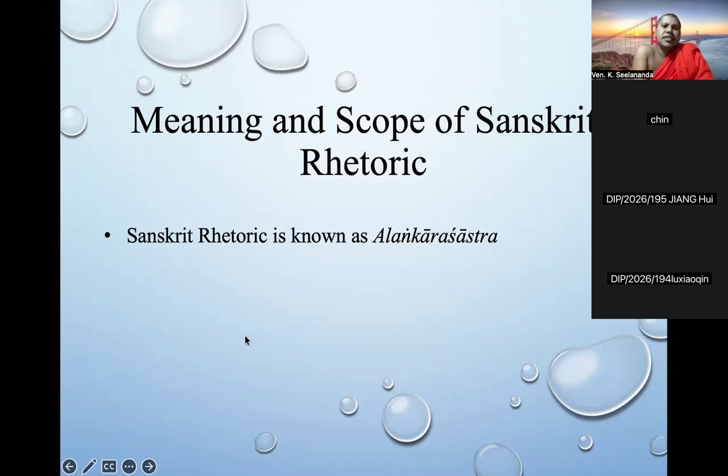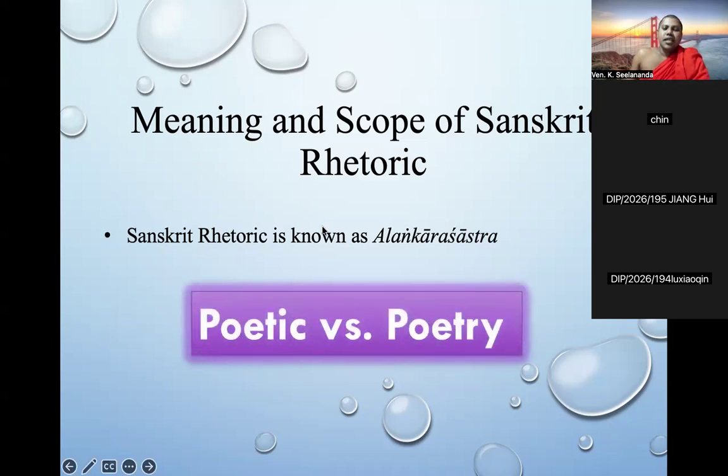Okay. When we consider the meaning and scope of Sanskrit rhetoric, Sanskrit rhetoric is known as Alankara Sastra. We can call it Sanskrit rhetoric, and also Alankara Sastra. There are two words, poetic and poetry.